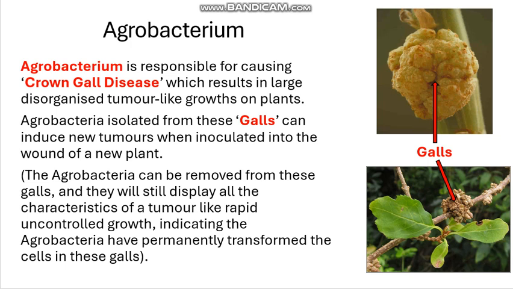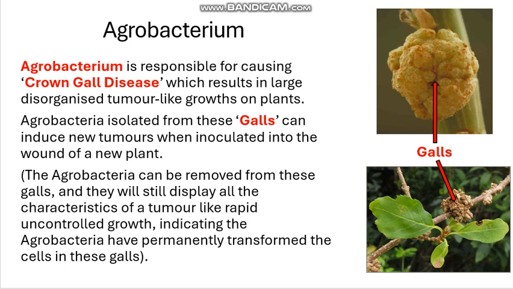So if we take the agrobacteria that are causing this crown gall disease, which have caused the growth of these tumor-like balls on the plants, take the bacteria out of these galls and put it into the wound of a new plant, it's going to create a new gall, and it's going to grow and grow and grow.